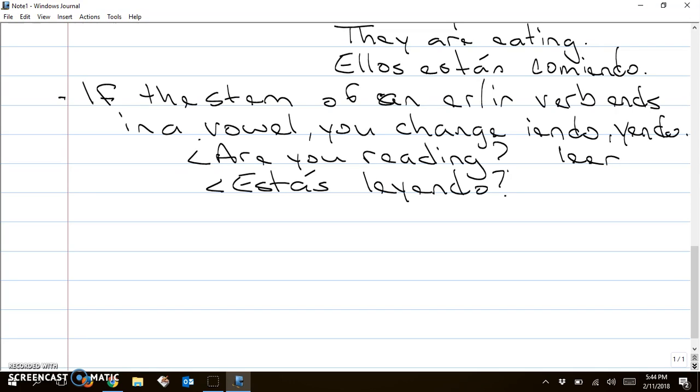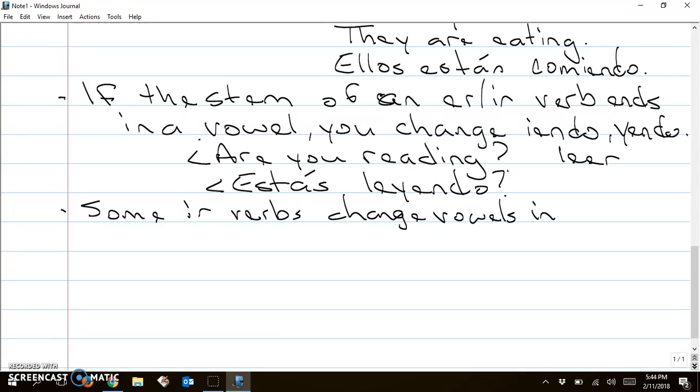Now, some IR verbs change vowels in their stem for the present participle.